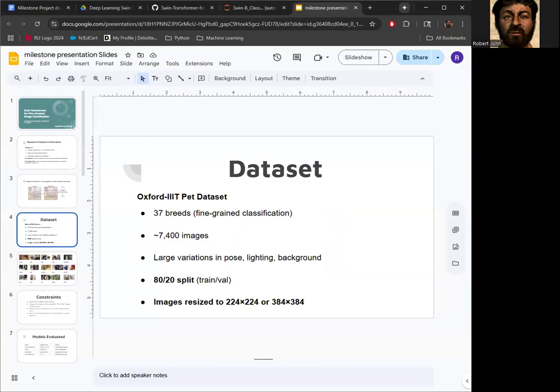We split the data into 80/20 for training and validation, and resized all the images to either 224 squared or 384 squared, depending on the Swin transformer variant. This resizing ensures a consistent input size while still allowing us to test the impact of resolution on performance.